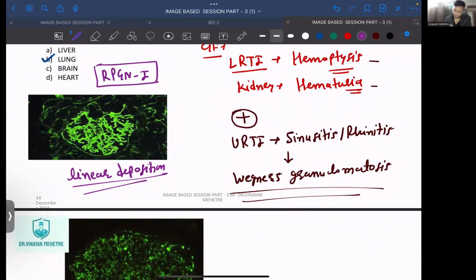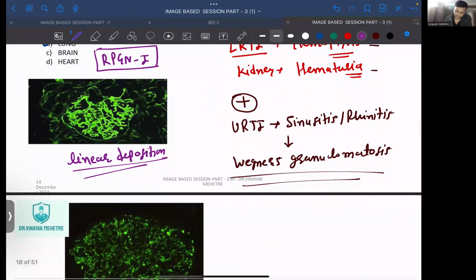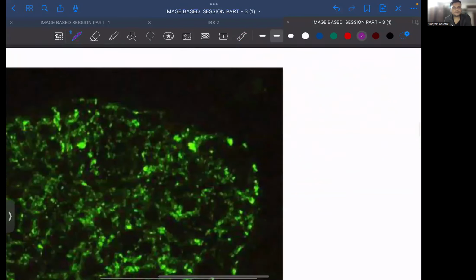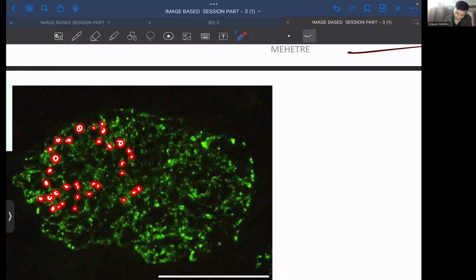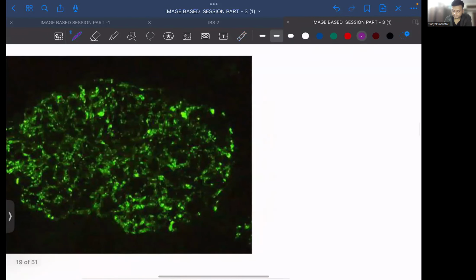Okay. In type 2 rapidly progressing glomerulonephritis, what are we going to see? This is called granular deposition.